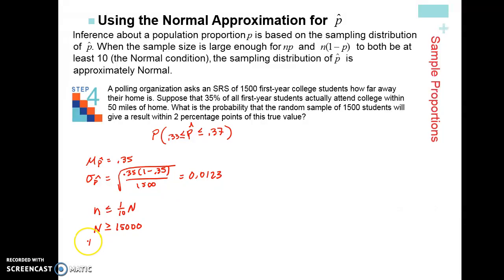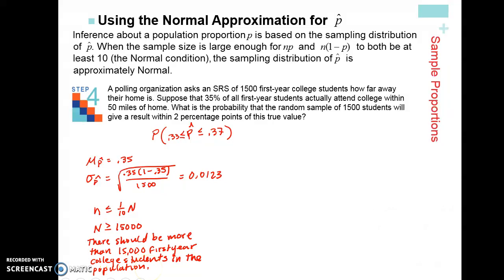So I would say there should be more than 15,000 first year college students in the nation. Or is it the nation?